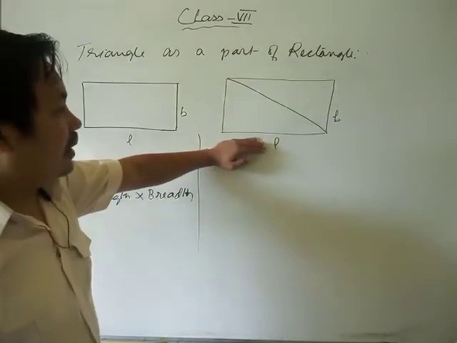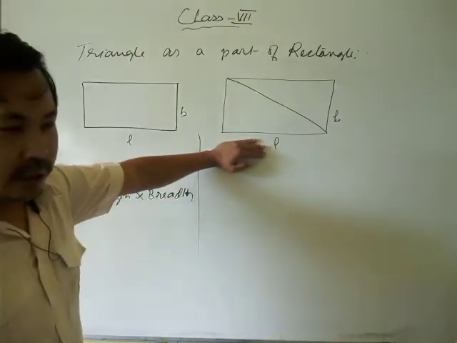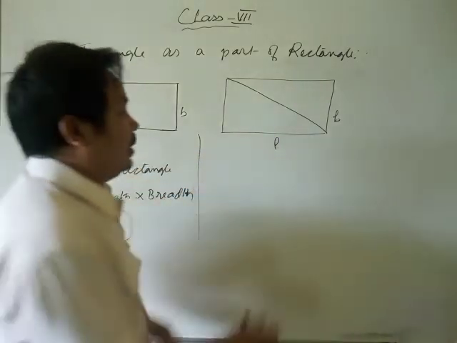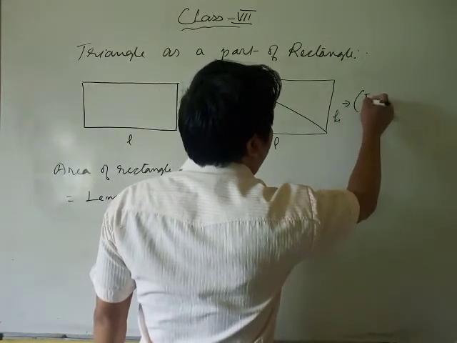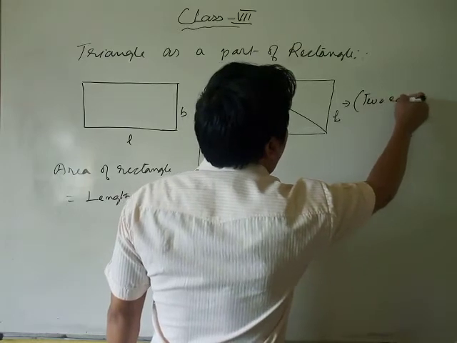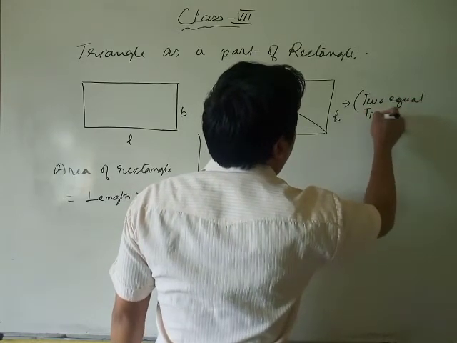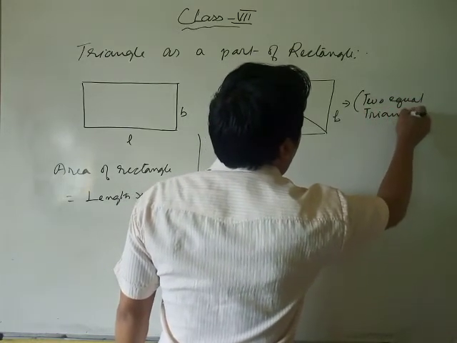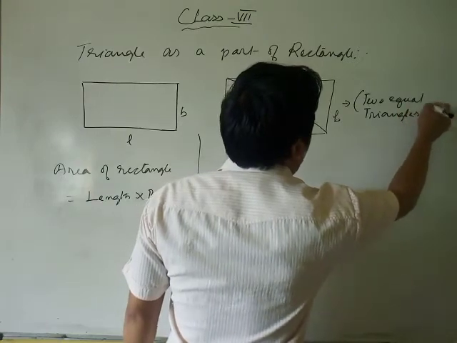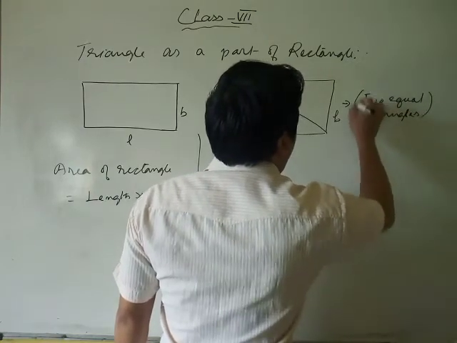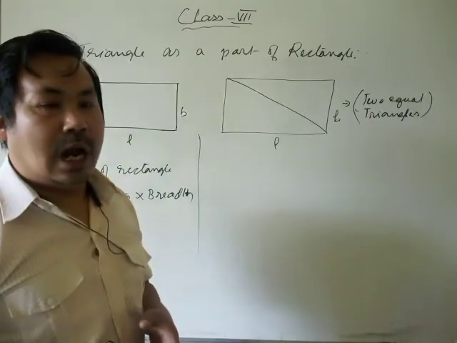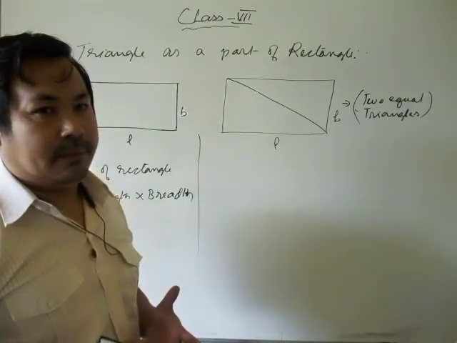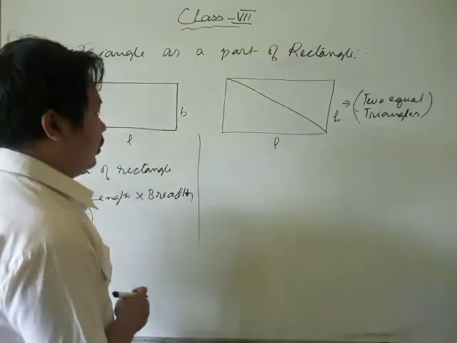The rectangle is divided into two equal triangles. That means the rectangle is divided into two halves. Got it? Yes.